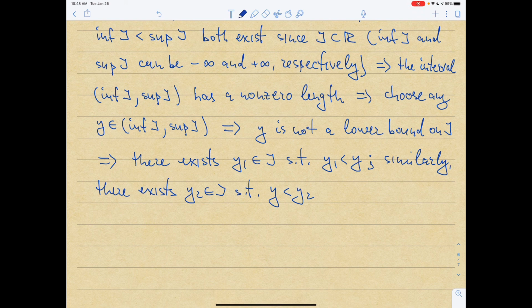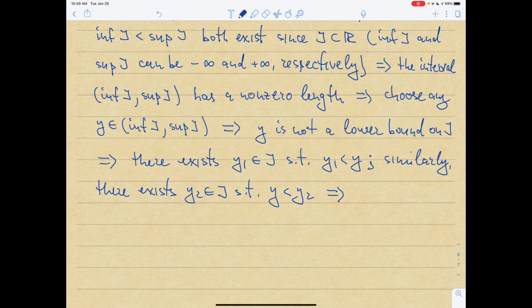All right, so if that is the case, now y1 is a possible value of the function. y2 is a value of the function, actually. And so if they're values of the function, right, because y1 and y2 are both elements of J, elements of the range of your function f, that means that both values y1 and y2 are attained.